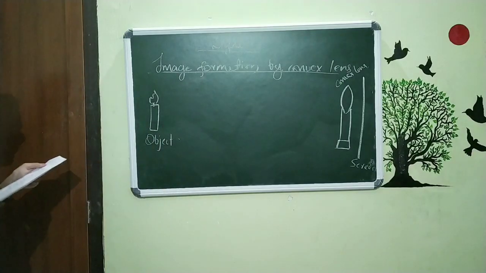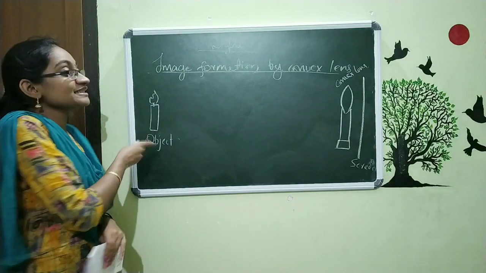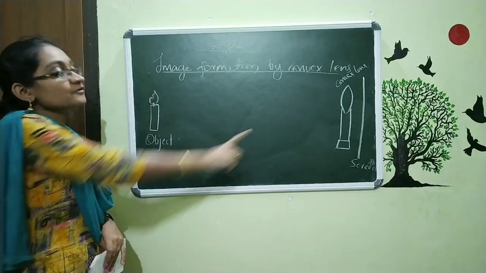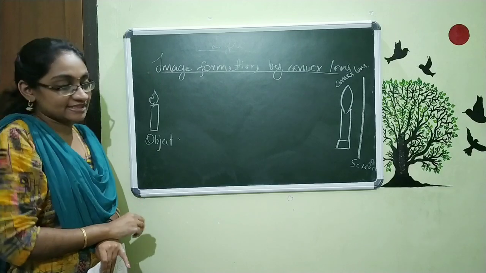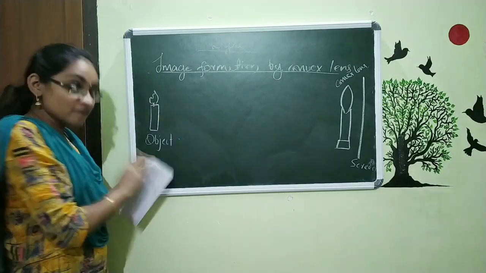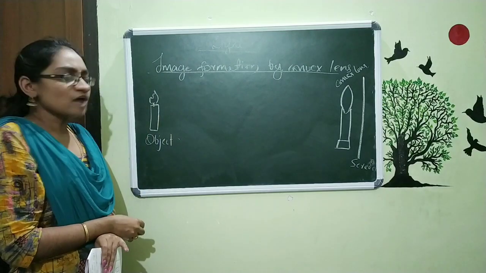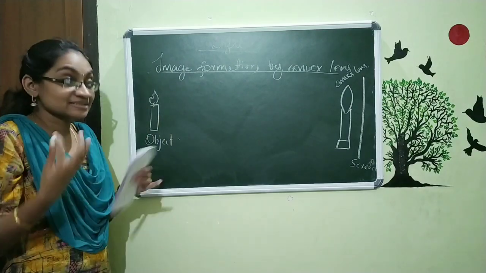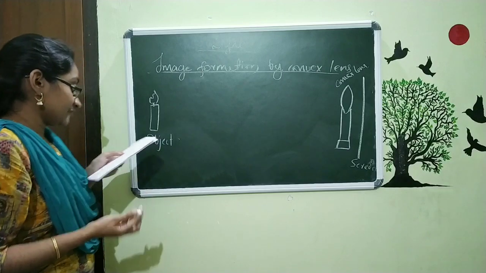So the first position is this. Our object is very far from our convex lens. When we place the object very far from the lens, how will the image form? What is the size? It is very simple.